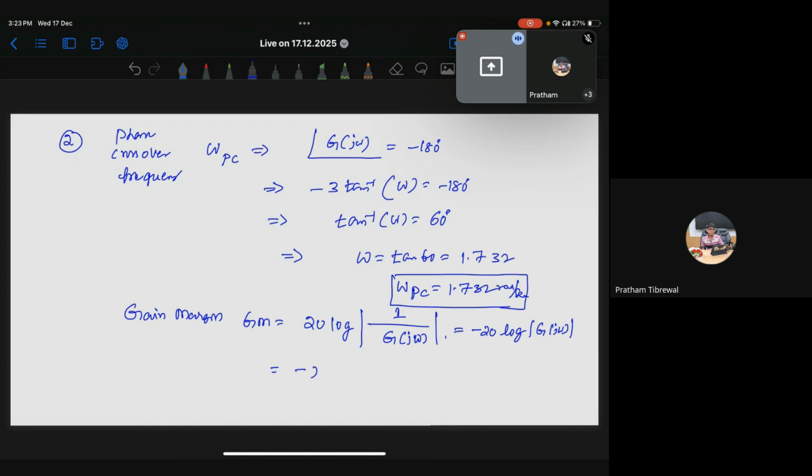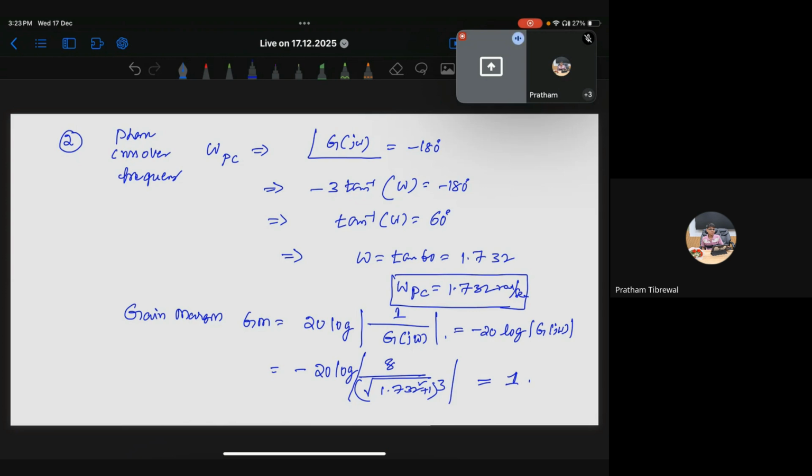So this is minus 20 log of 8 by root over 1.732 square plus 1, whole cube. You simply substitute the omega PC value here, and you will get 1. So this is the phase crossover frequency and gain margin.